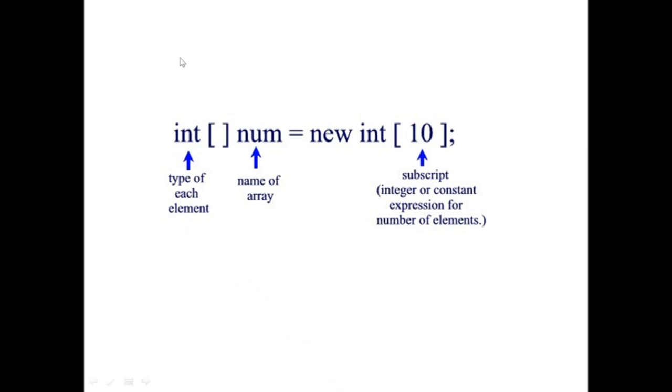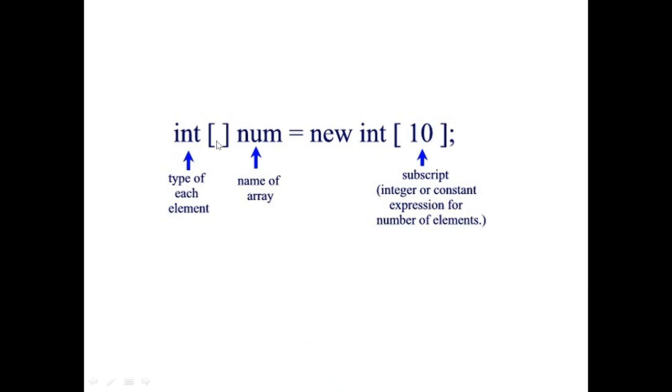All you have to do is add additional square brackets, either after the type or after the name of the variable. So these square brackets could be placed either after the type or after the name of the array.